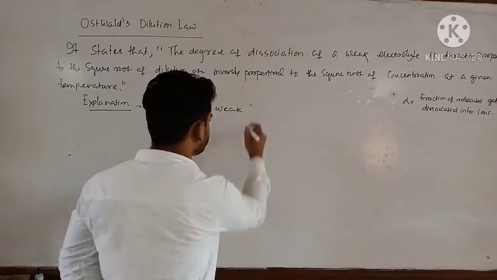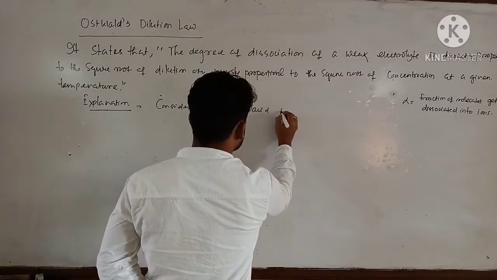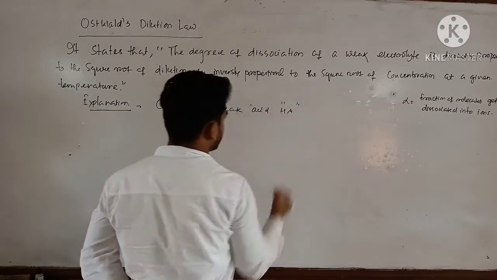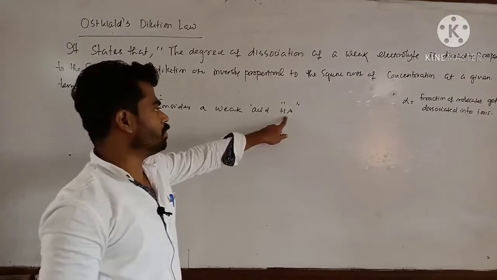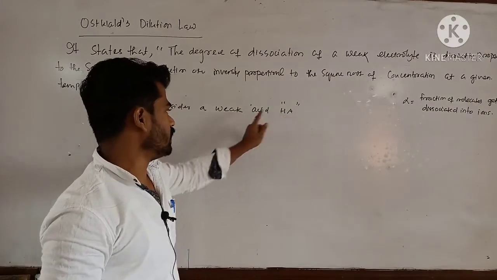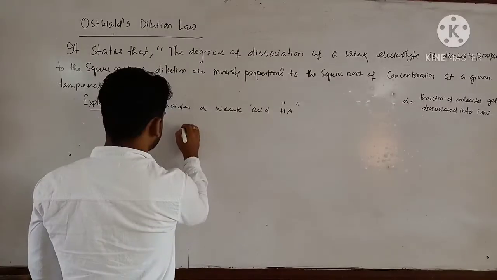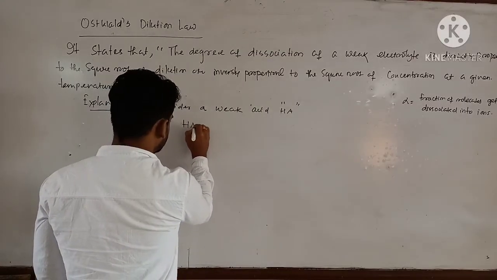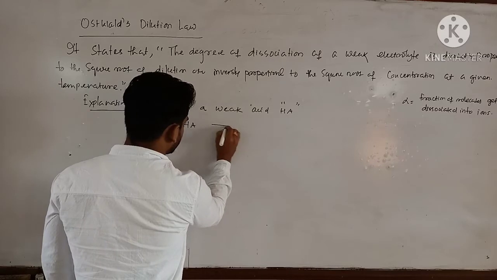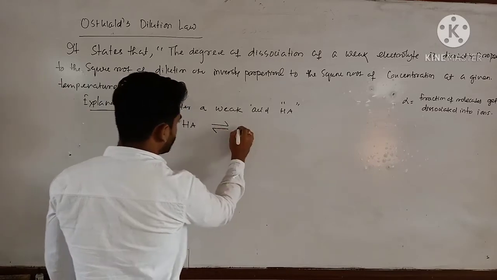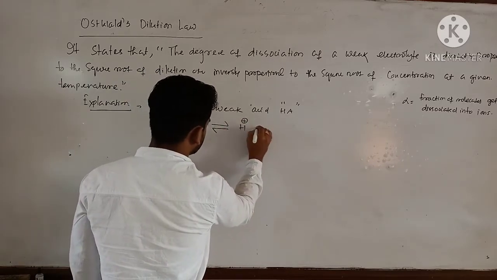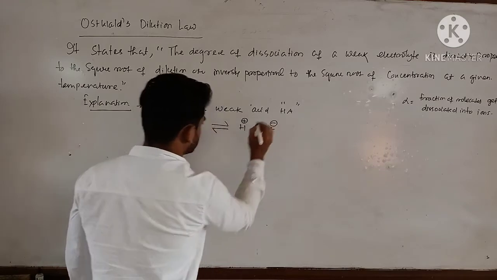HA is a weak acid, and there will be a reversible equilibrium. It splits like this: HA is converted reversibly into H plus and A minus.